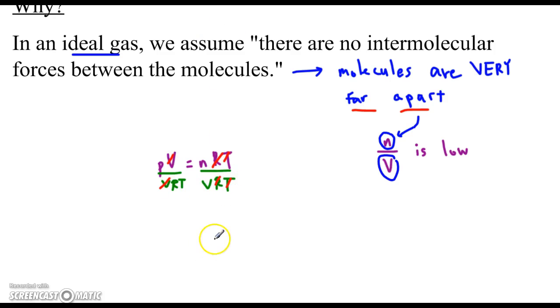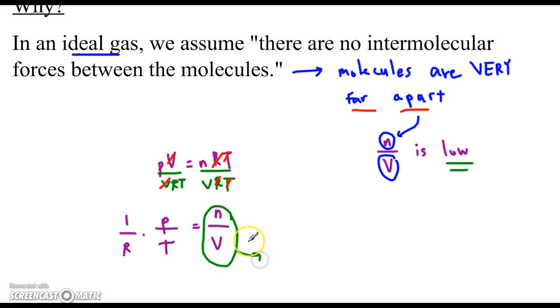And what we now have is n over V is equal to 1 over R times P over T. So look at this. How do you get n over V to be low? When this is low, we can assume that the real gas acts ideal.